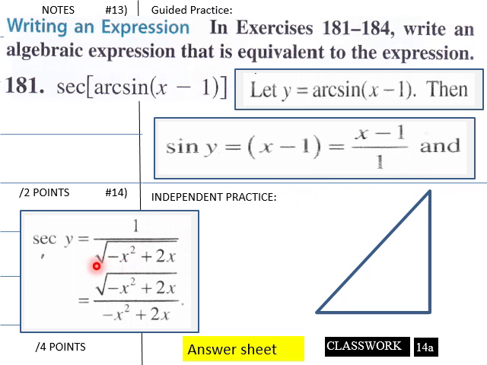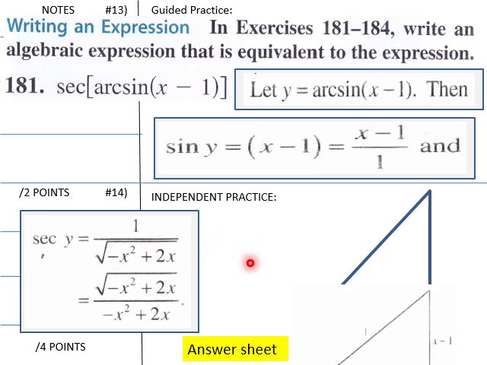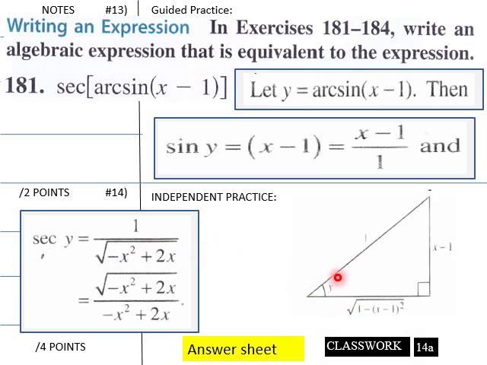And secant y would be 1 over the square root of negative x squared plus 2x. Then we rationalize our denominator, and then we get this expression here for secant y. And then this would be the triangle that would represent this function here. This is what the measurements would be on your triangle for that.